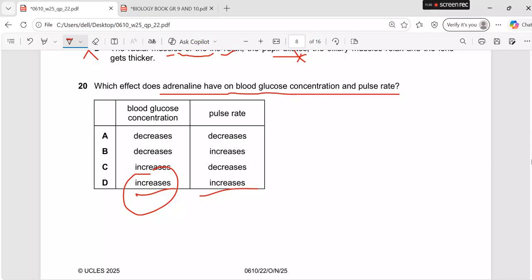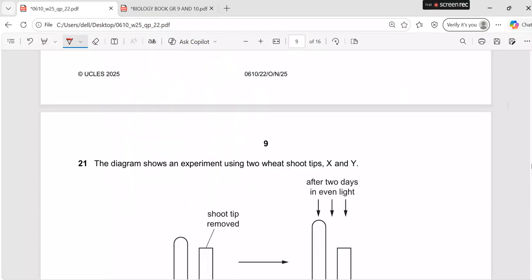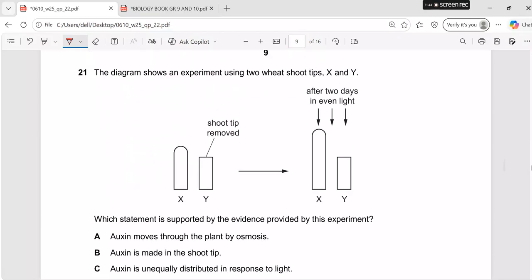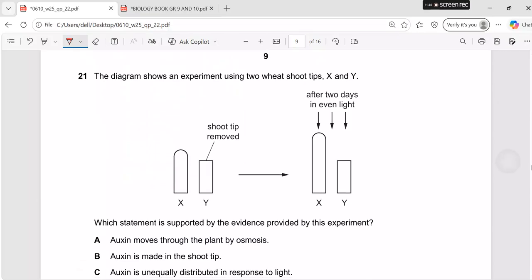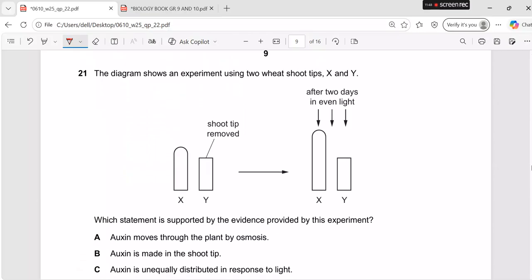And pulse rate also increases because the heart rate also increases. So a lot of energy is needed in this situation, so that your muscles work much better to fight or flee. Anyways, okay. Question number 21.